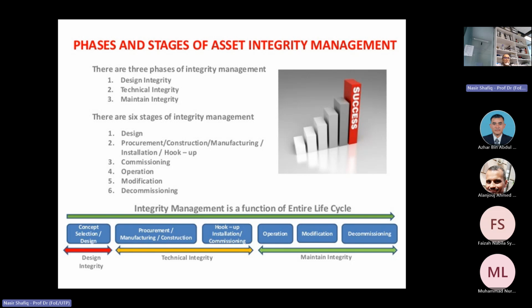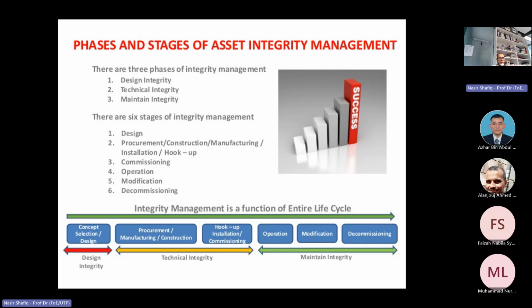And the third one is maintenance. So the first two integrities run until the design to construction stage. The third one, maintenance integrity, is at the operation stage, where most of the people work in refineries and plants, right?